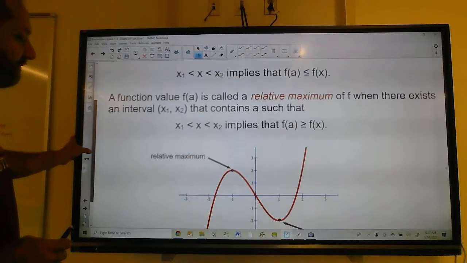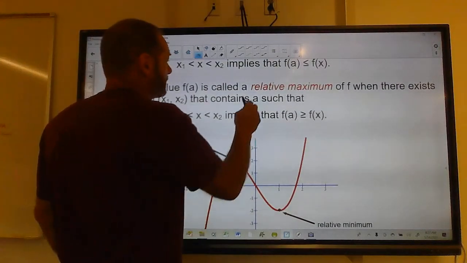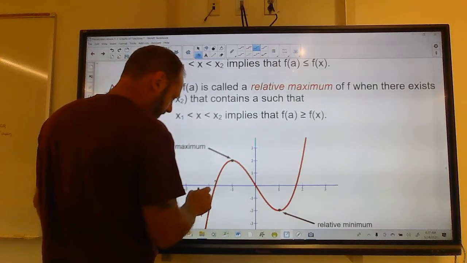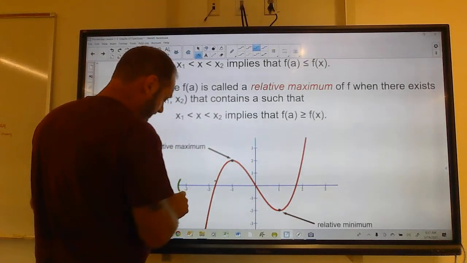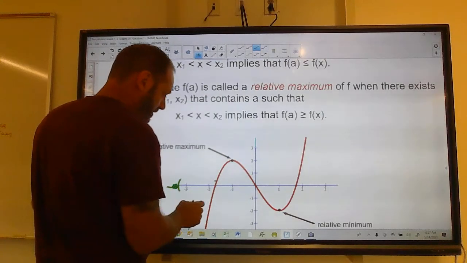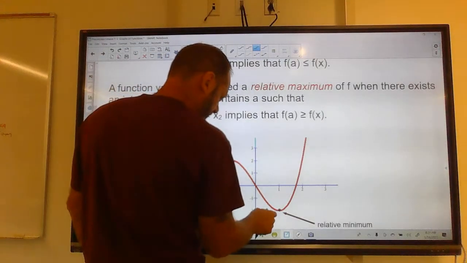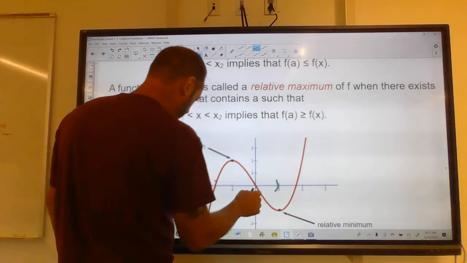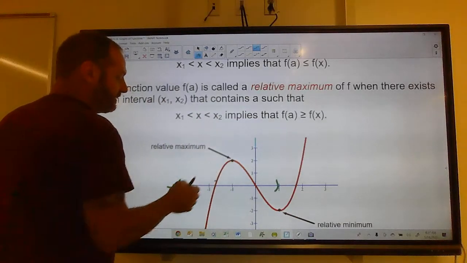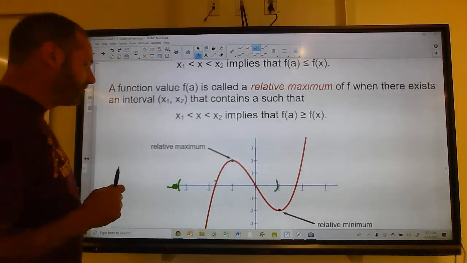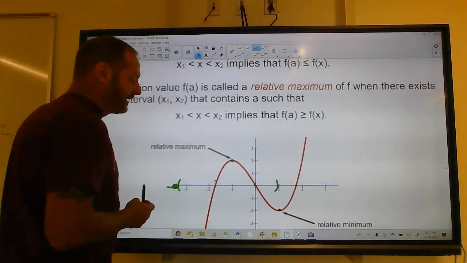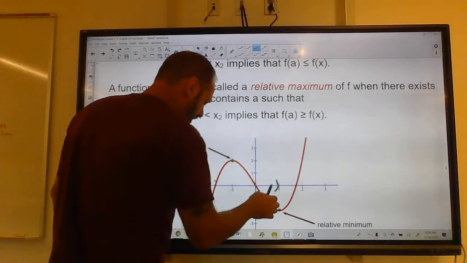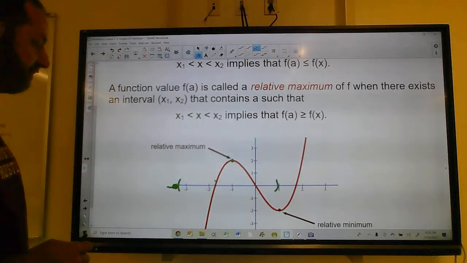It just means this. If you've got some interval, so in this case, I have an interval that goes from negative infinity to anywhere, like clear up to 1. So this interval here to here, this is the biggest value in there. So that's called a relative maximum because this is the biggest value on the interval negative infinity to 1.